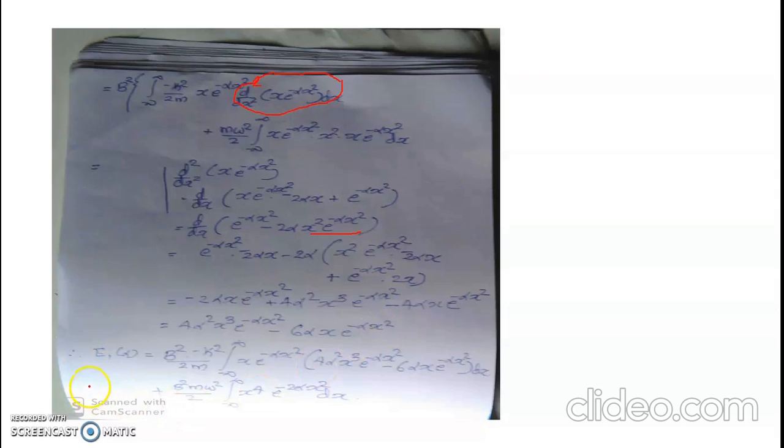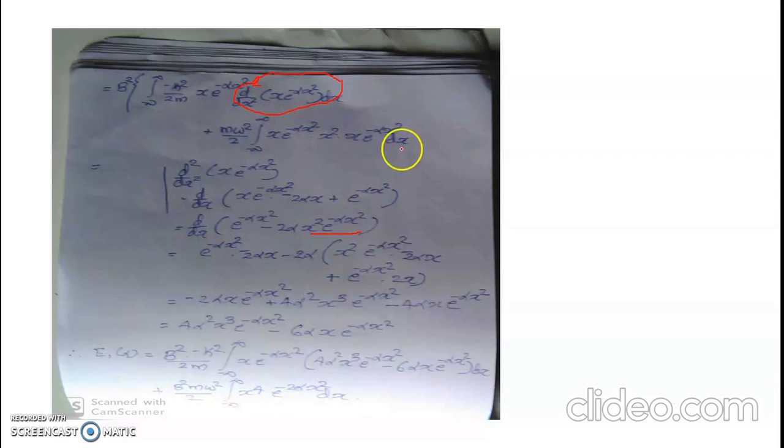Then the integral to be evaluated, E1 of alpha, equal to b square minus h bar square by 2m is taken out from the first term. Integral minus infinity to infinity x e raised to minus alpha x square, these terms repeated. X e raised to minus alpha x square is to be multiplied with this term, plus the potential energy term b square by 2m omega square integral minus infinity to infinity x raised to 4 e raised to minus 2 alpha x square dx.